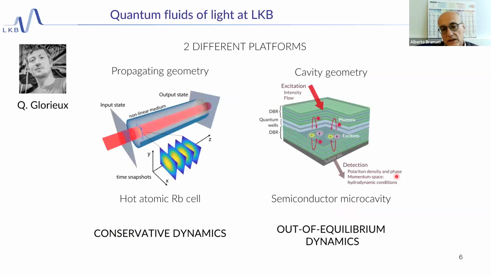In our lab, we have both of these platforms. One is based on polariton fluids, based on a semiconductor microcavity in which we can create polaritons, and I will describe in detail the behavior of these polariton fluids in the first part of the talk. The second platform is based on a propagating geometry configuration, and we use as a nonlinear medium a hot atomic rubidium vapor.